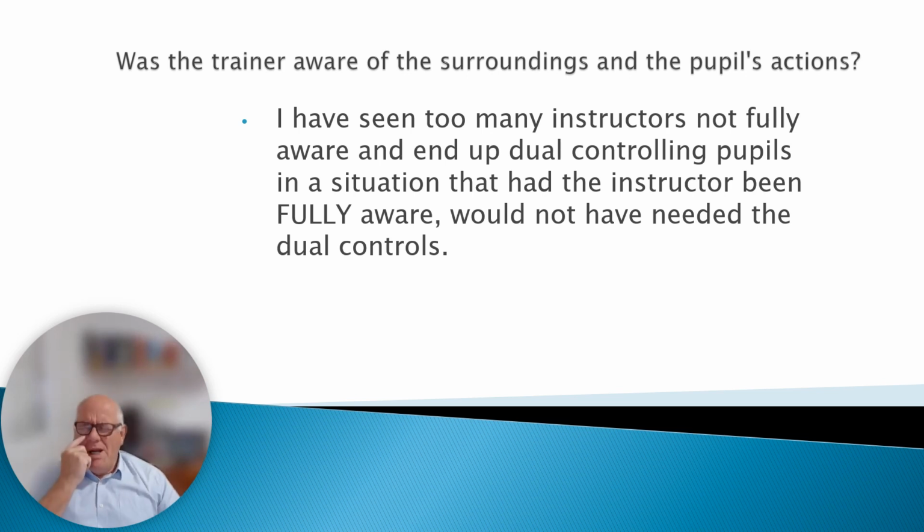A big problem here as well, a common one on the Part 3 and the standards check really, is where instructors end up dual controlling a pupil. Suddenly on the roundabout they're dual controlling them, etc. And this has probably been a big arguing point, because often the examiner says things like, you really didn't need to dual them there, because if you had been more proactive, you wouldn't have got into that situation.